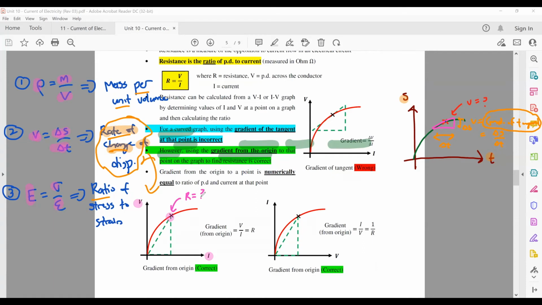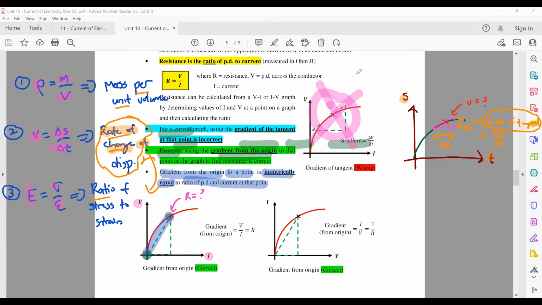I cannot use the gradient of the tangent, but I can use the gradient from the origin. What I mean is, just draw a line from the origin to that point and then find the gradient of that line. That will be your ratio already, because the gradient from the origin to that point is numerically equal to the ratio of PD to current at that same point.